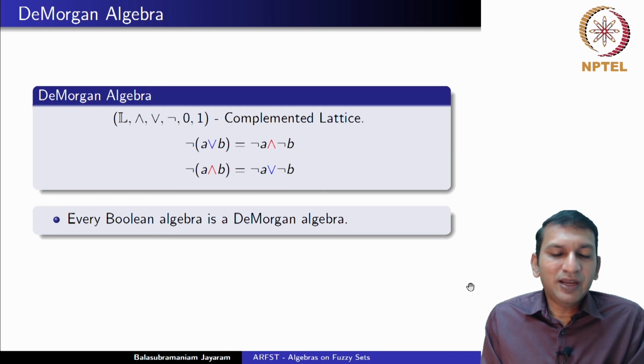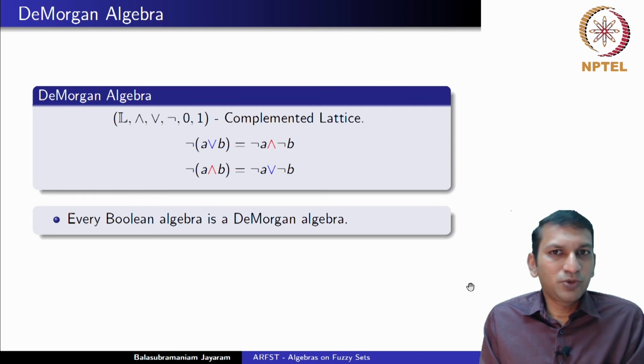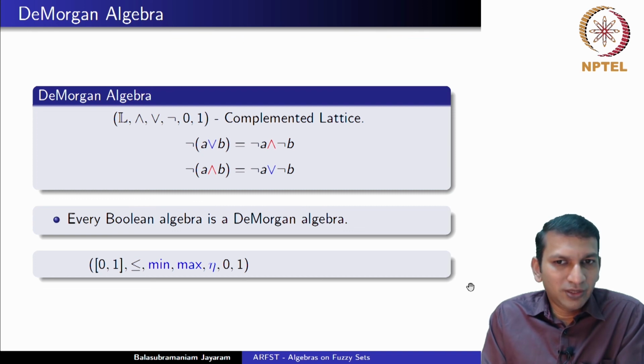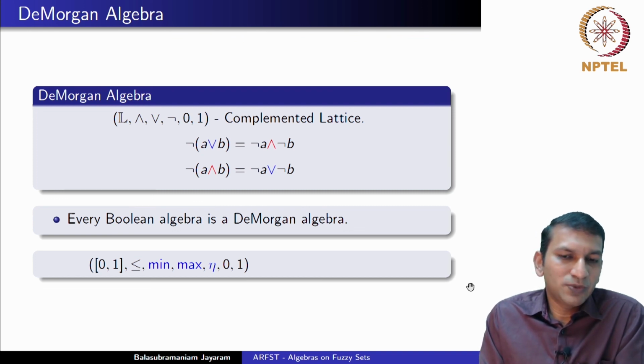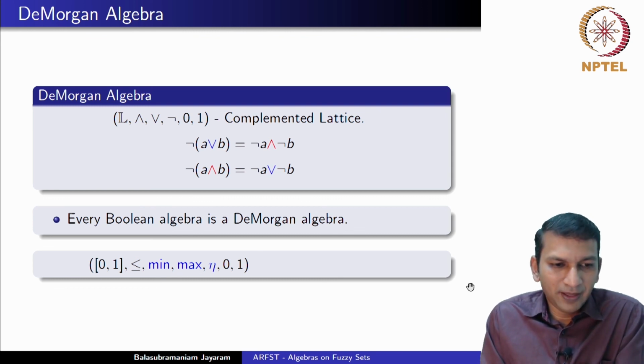Now, can we at least come up with a De Morgan algebra on the set of fuzzy sets? Which means we want to look at the corresponding underlying codomain of the membership function, which is once again the 0-1 interval. Let's look at the usual, now familiar lattice, but instead of using the pseudo complement as we defined earlier, let's use this eta function, which is 1 minus x. Now, the question is, with respect to this eta, does it satisfy the De Morgan laws?